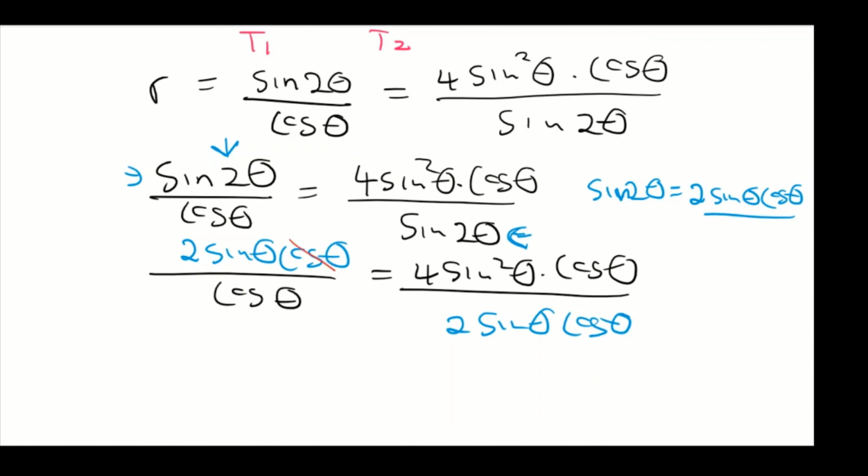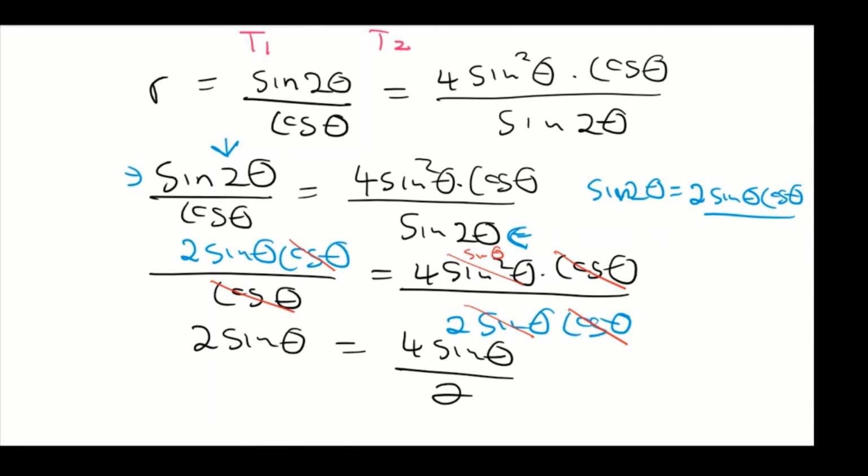So cos of theta cancels out, or divides through with that cos of theta. This cos theta divides with this one, and this one divides with this one, but sine theta remains. So we're going to have 2 sine theta on our left being equal to 4 sine theta divided by 2.